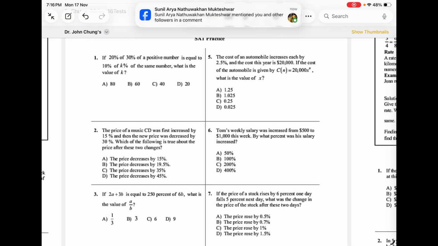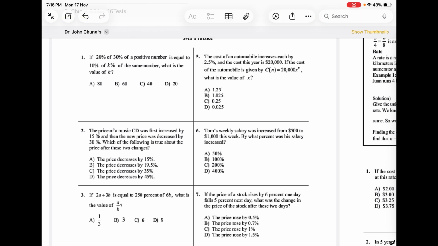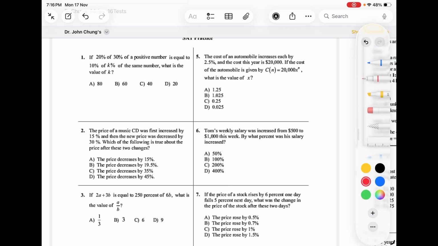The first question: if 20% of 30% of a positive number N is equal to 10% of k percent of the same number, find the value of k.